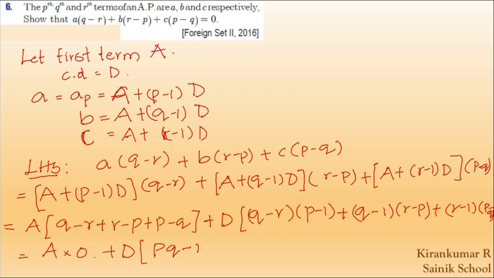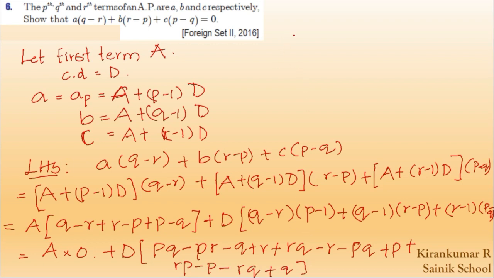minus pr, minus rp, minus q plus r. I have multiplied like this: p multiplied to both these terms, then minus 1 is multiplied to both these terms. Let me do the same thing here: rq minus r minus pq plus p, plus rp minus p minus rq plus q.